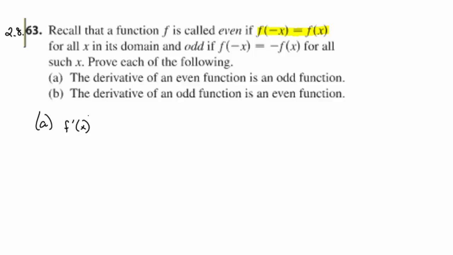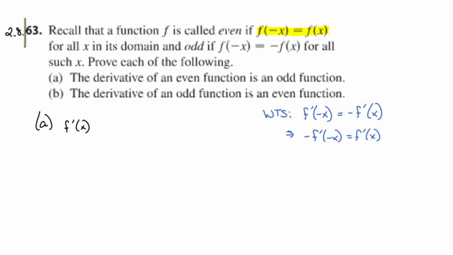Well, if we want to show that the derivative of f is an odd function, then we want to show that when we take the derivative of f of negative x, it returns a negative derivative of f of x. Or in other words, that the opposite of the derivative at negative x is just equal to the derivative of f with respect to x.